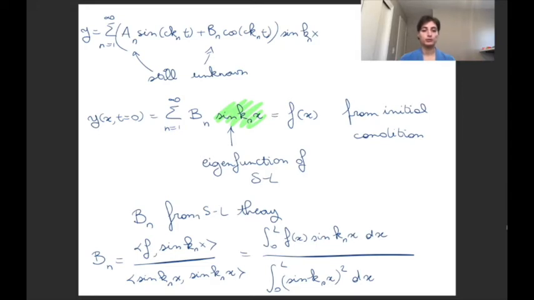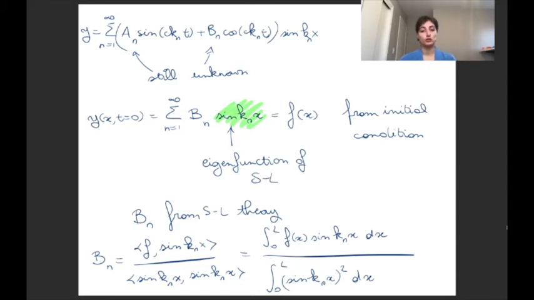So from the Sturm-Liouville theory, we know that the coefficients of this infinite sum can be found by setting bn equal to the inner product between f and sine knx divided by the inner product of sine knx by itself. What inner product are we using?